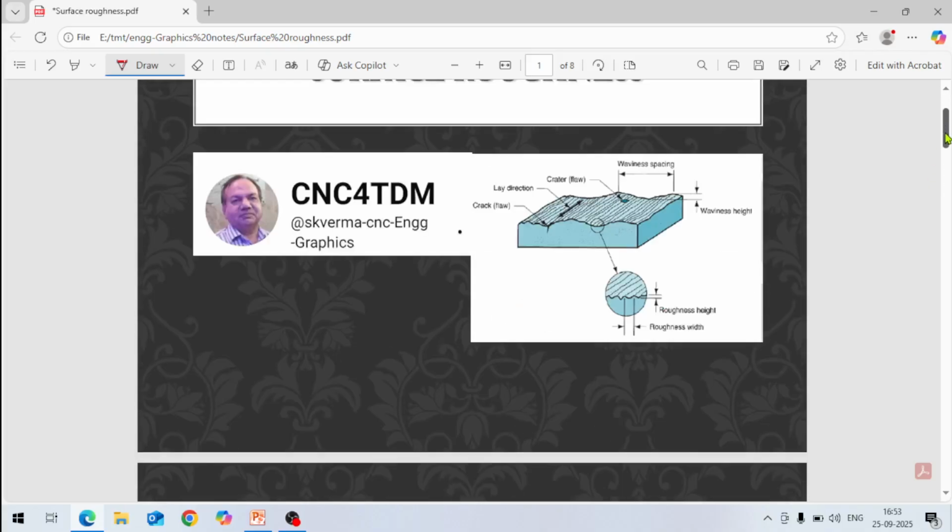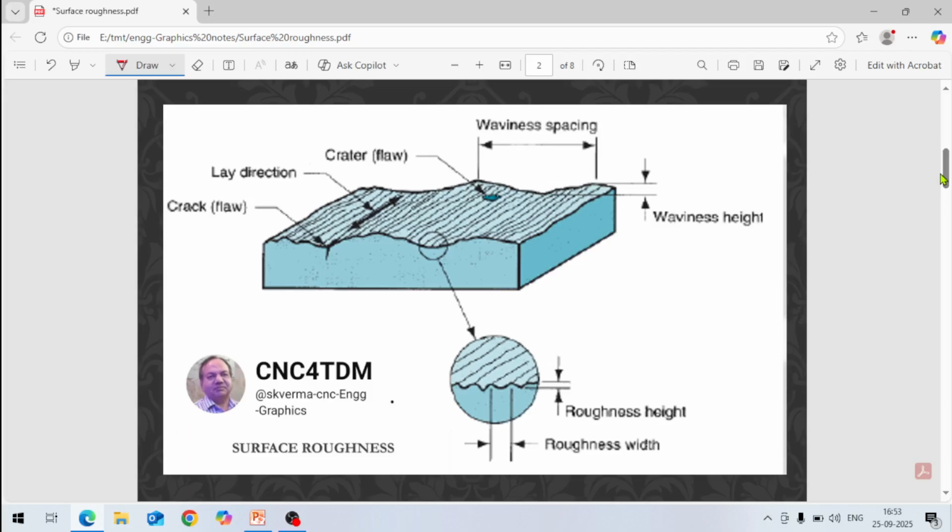surface finish. If you see here, this is a part component and this is a machined part. In the top surface, if you see this, this is waviness, like this. One error of the surface is waviness, machining error. The other is surface roughness.